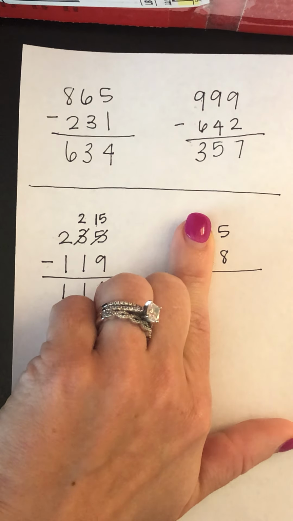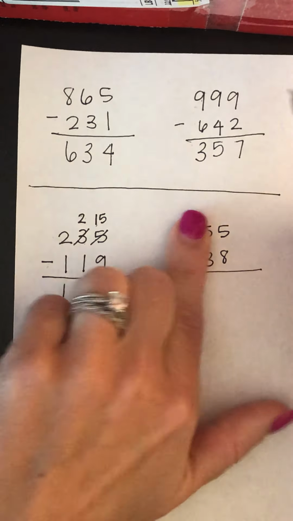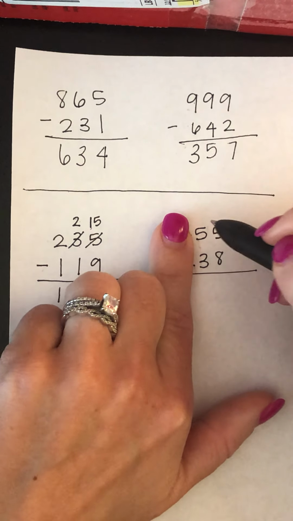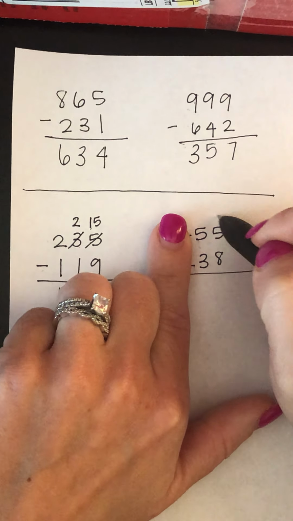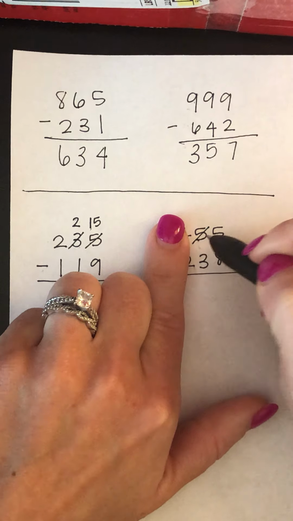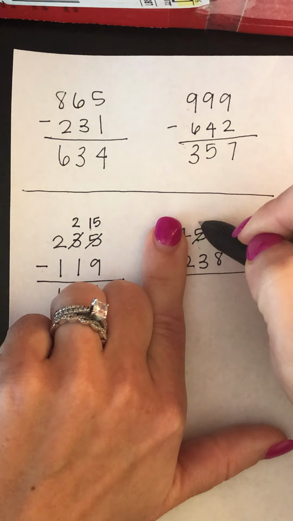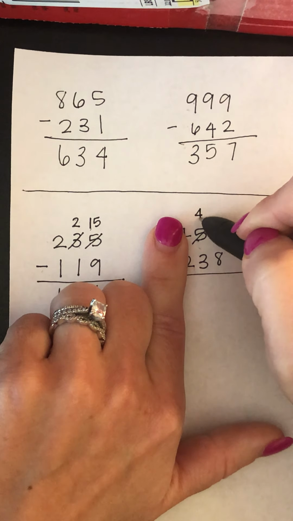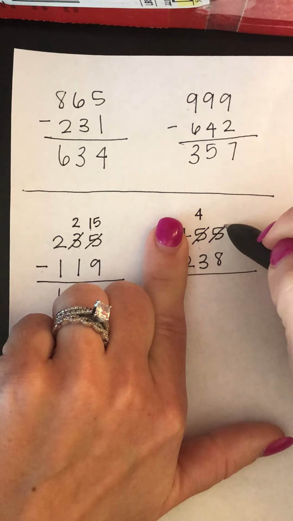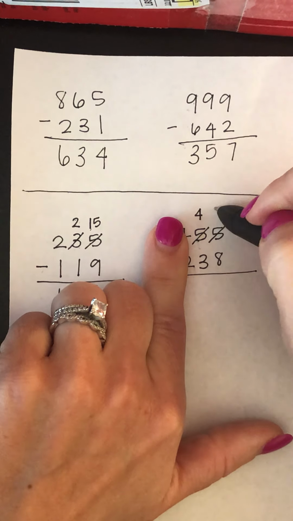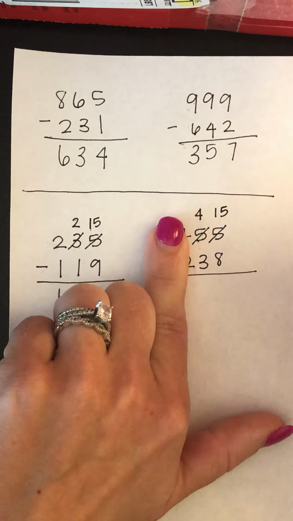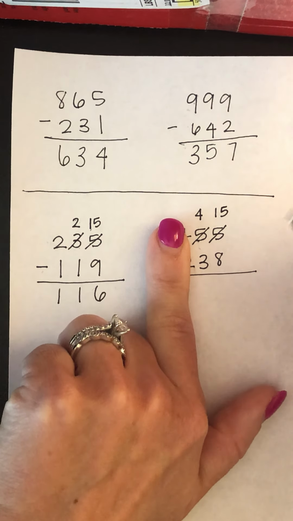So what we're going to do is go next door to the tens place and get 10 more. So I jump over to the tens. I'm going to move 1 ten over. So if I move 1 over, my 5 turns to a 4. And my 5 in the ones place turns to a 15. Does that make sense?